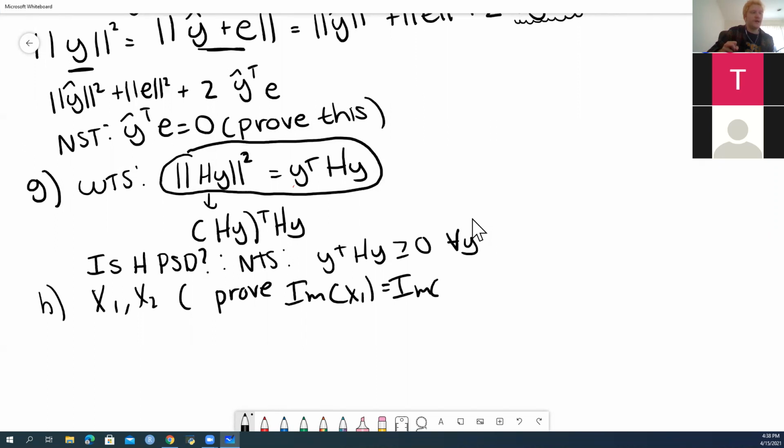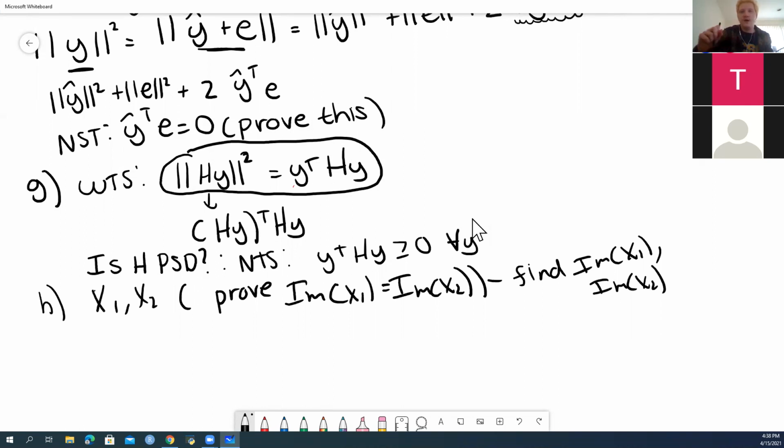Again, this is not very exciting, but you can just find the image of x1 and the image of x2, and then show that they're equal. It shouldn't be too complicated. There probably is a better way to do that, but actually, no, it says already here that the image of x1 is equal to the image of x2, but you can also prove it if you want.